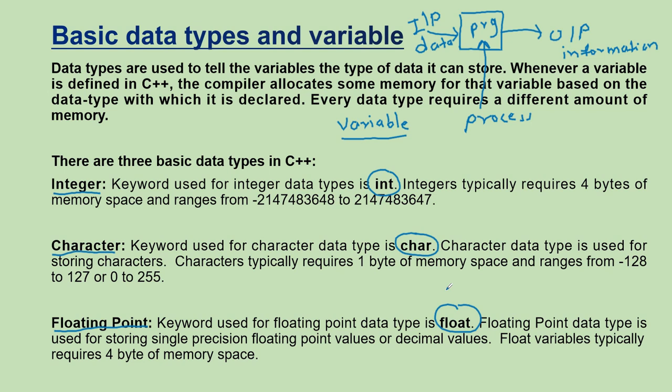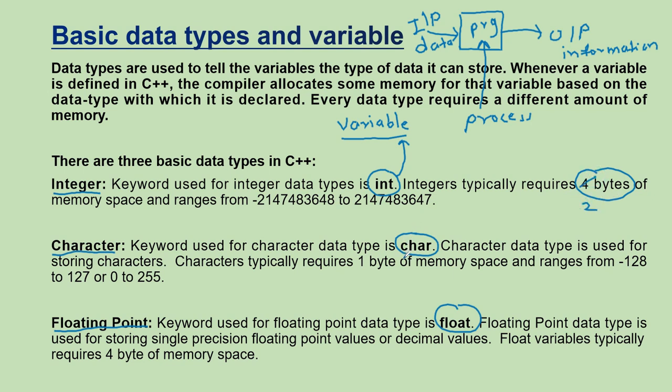The data is stored in memory, but as per the type of data, the size of memory is decided. If you are storing integer data in a variable, then it will take 4 bytes, or normally 2 bytes generally.